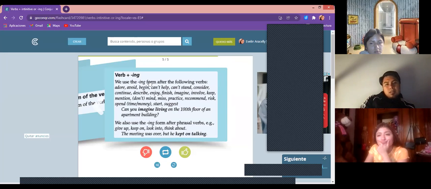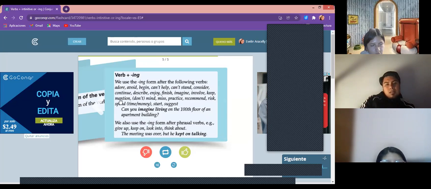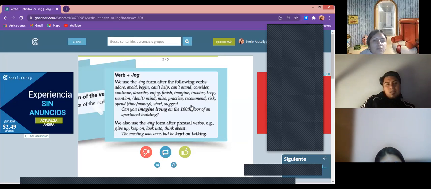So we use the ing form after the following verbs, like adore, avoid, begin, can help, can stand, consider, continue, describe, enjoy, finish, imagine, involve, keep, mention, don't mind, miss, practice, recommend, risk, spend time or money, start, and suggest. And also we have to take into account that when you see a phrasal verb, you also need to put the other verb in an ing form.